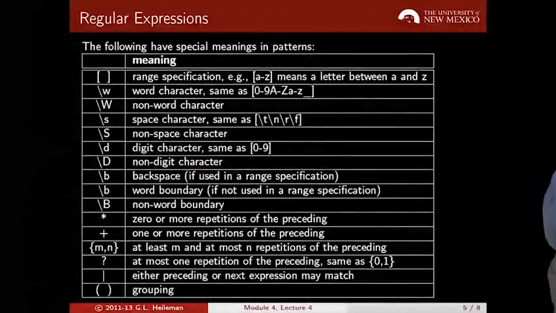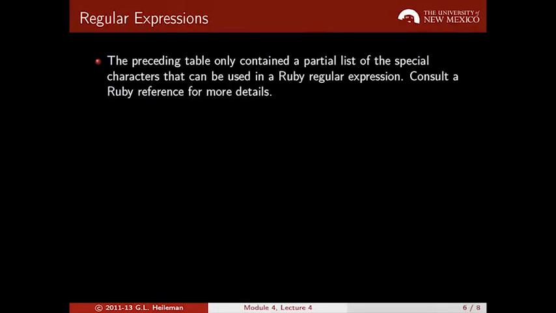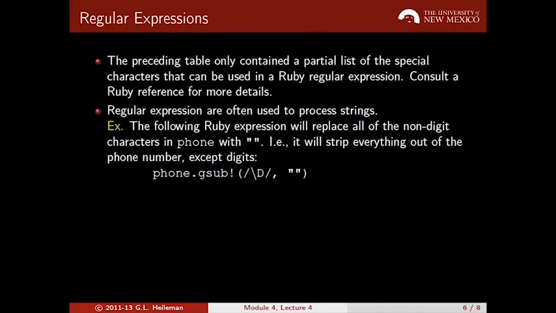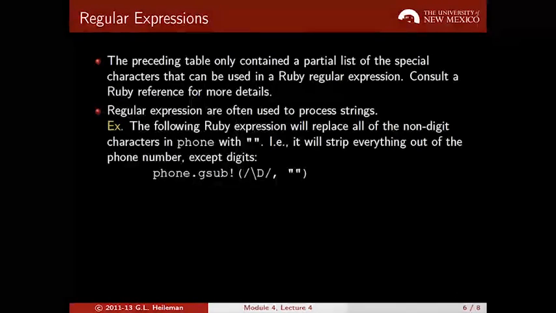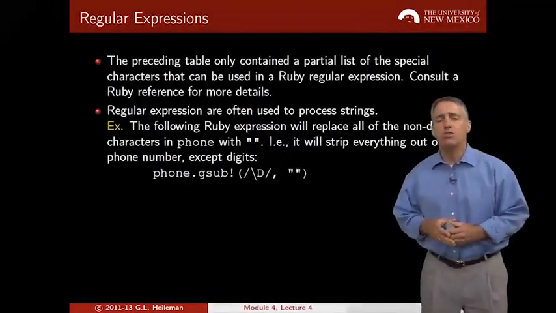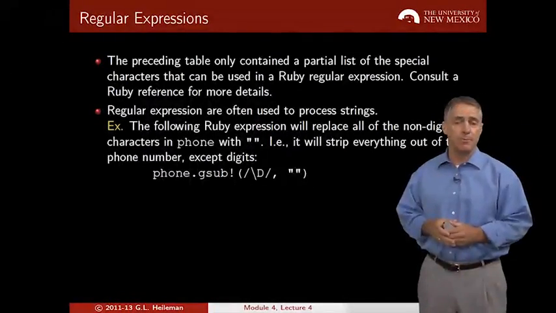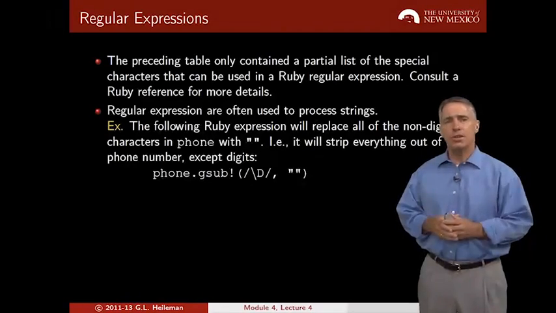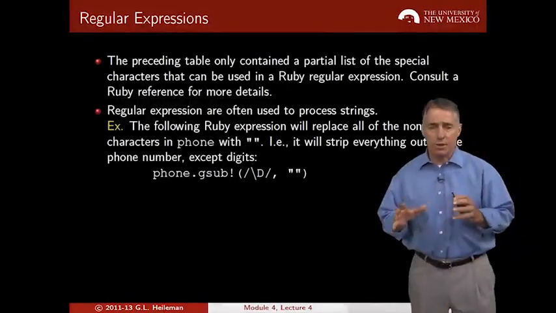Let's look at some examples. So, as I said, again, this is just a partial list. Look at a Ruby reference to get more. But here's a common example of how you might want to use regular expressions in a Rails application. Here I'm assuming that phone is a string. And this gsub is a method that you can apply to strings.